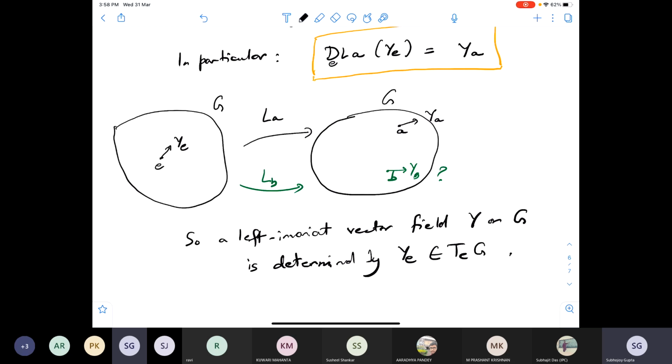And conversely, once you fix a vector in the tangent space of the identity, you can push forward with all the left translations and define a vector field on the whole Lie group G, and that's going to be left invariant.